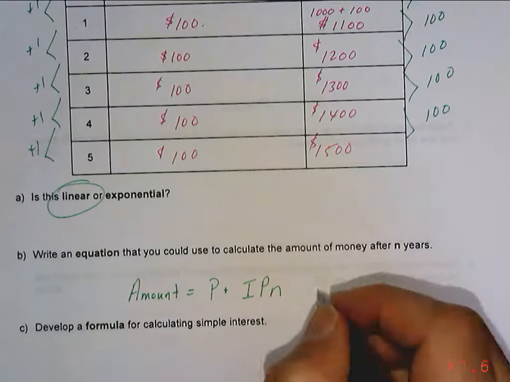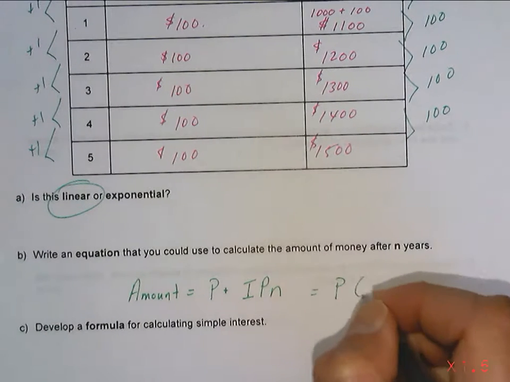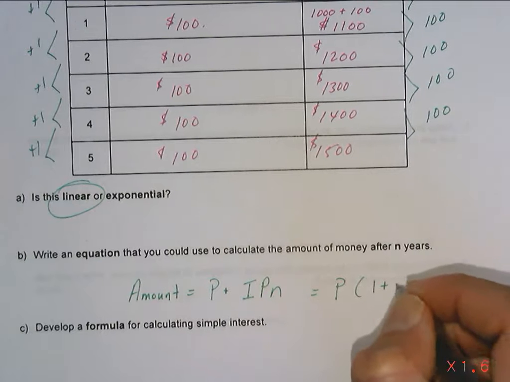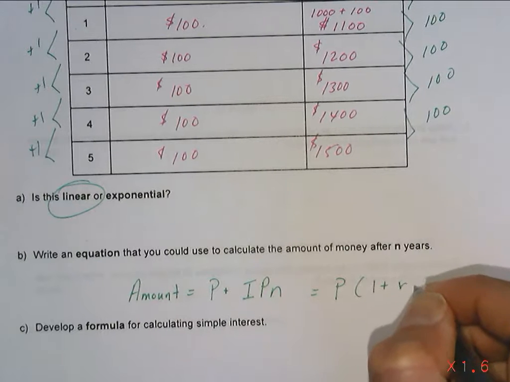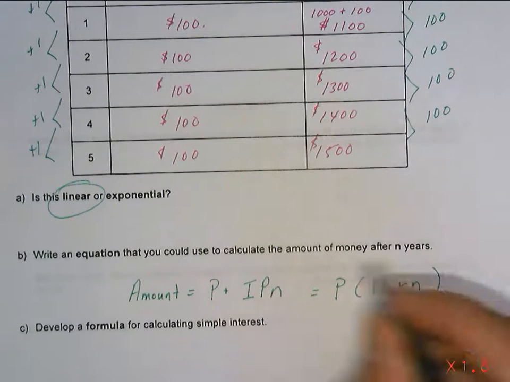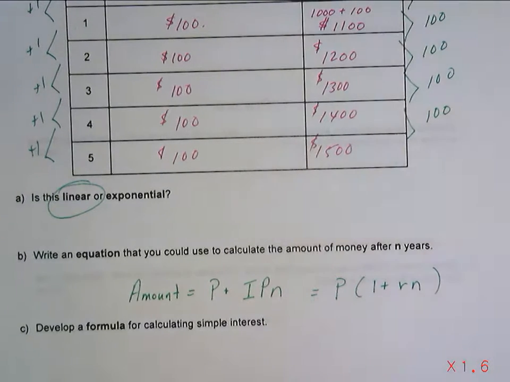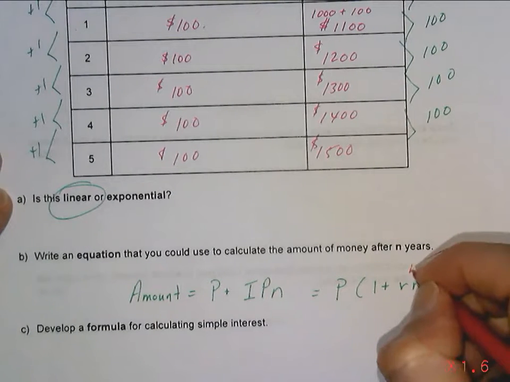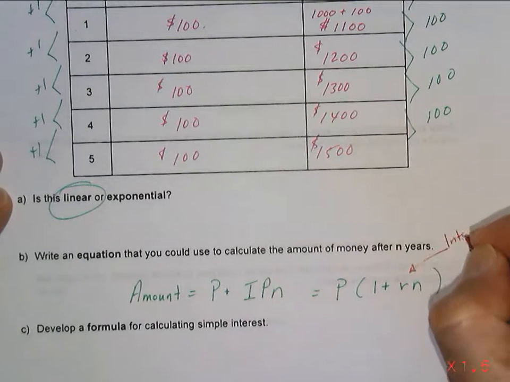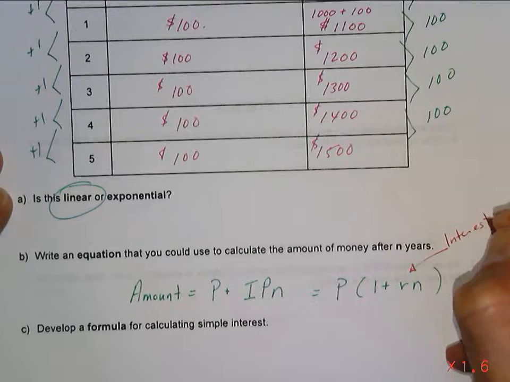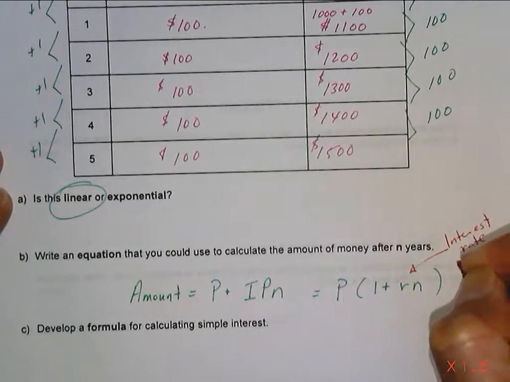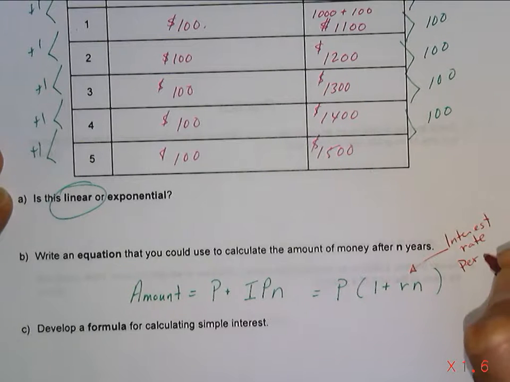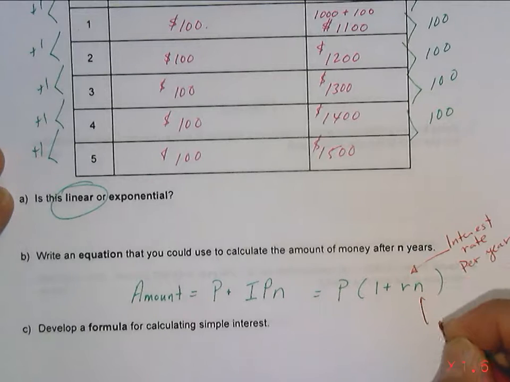Another way to write this would be principal times (1 plus Rn). Now I'm using different letters here and it doesn't really matter. This is going to be the interest rate per year. This is the number of years.